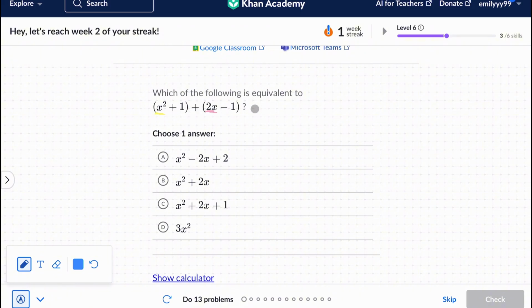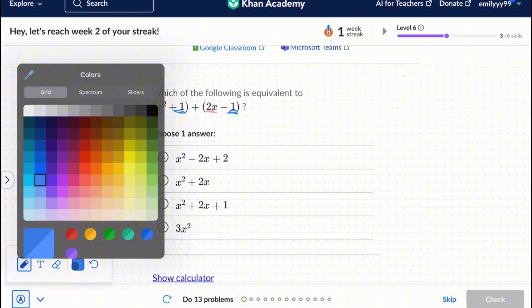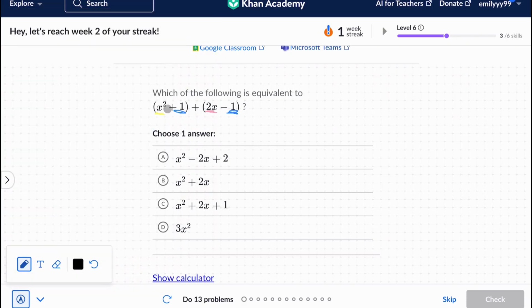So we're adding these two. And then 1 and -1, we can combine those. So when we combine those, we'll get x squared plus 2x. Those stay the same. And then +1 and -1, they cancel out. So the answer should be B.